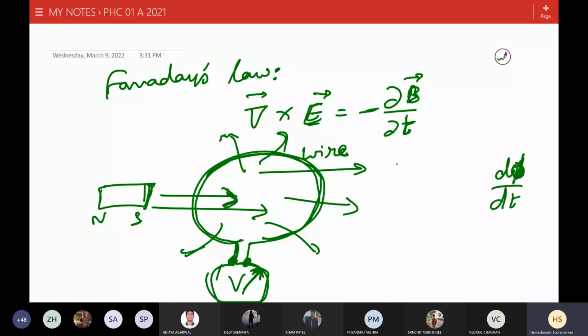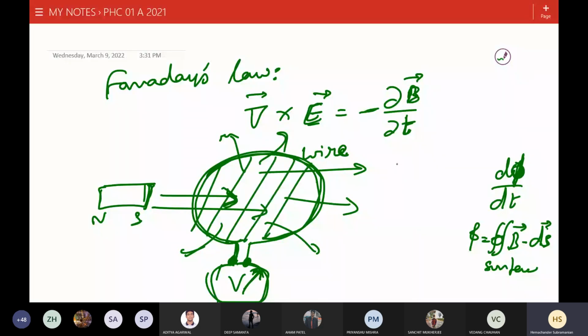Φ is the integral of B dot dS, where dS is the surface encompassed by this wire loop. And the flux is the integral of B dot dS. You guys understand that part, right? That is the definition of flux, right? Yes.